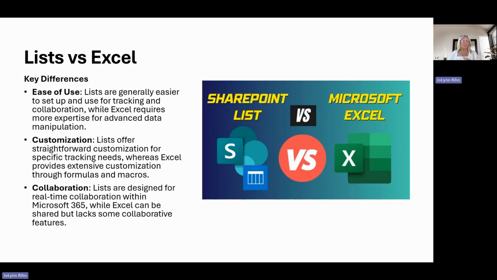Collaboration, that's another big difference. Lists are built for real-time, multi-user updates right inside Microsoft 365. Excel can be shared, but it isn't designed first and foremost as a collaborative database. So the takeaway here is that Excel analyzes data, lists manage data.